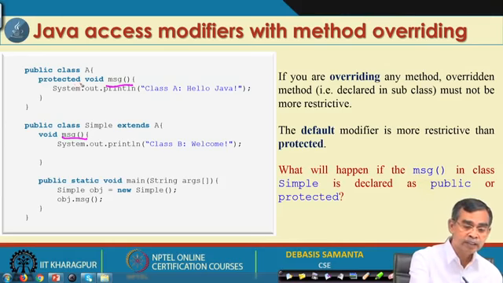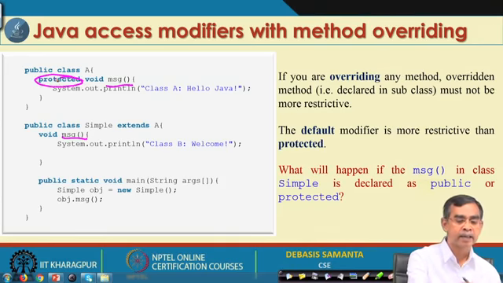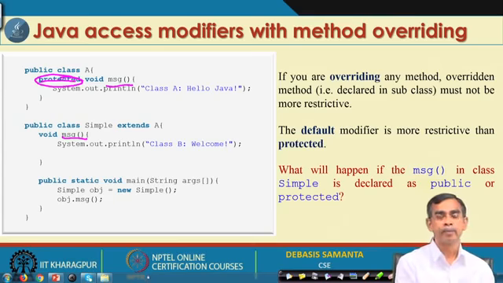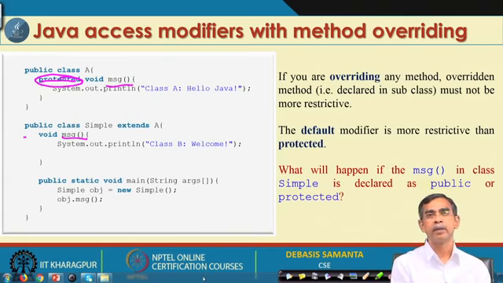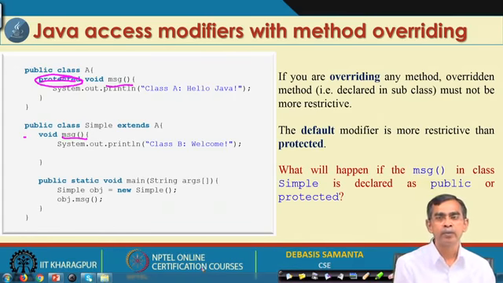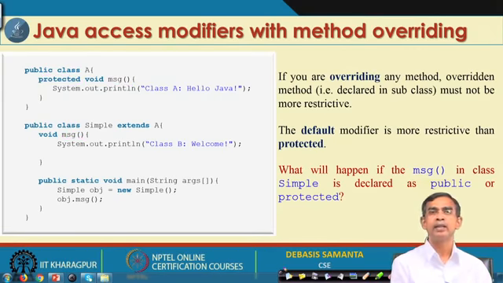But suppose no access specification is there, so it is default, and then you declare it protected here. The problem is that if it is a default method and you want to override it as a protected one, then it will not allow you to do that. This is stricter, so you cannot do that. If the access specification is not allowed, it will not successfully compile your program.